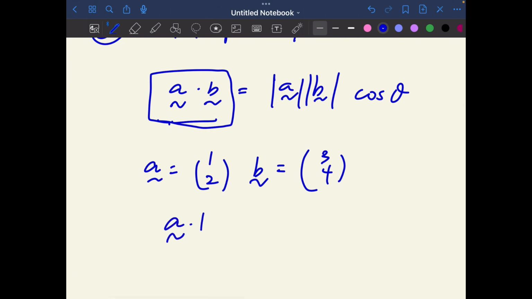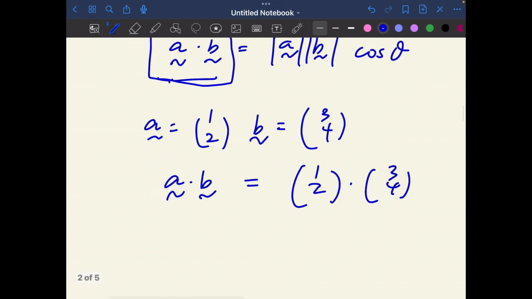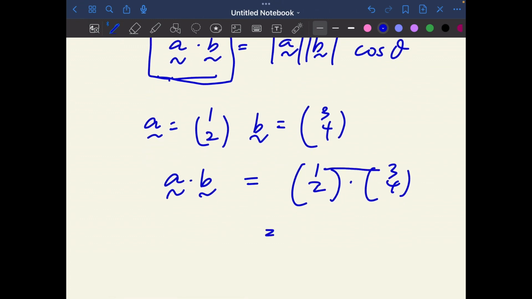Then the algebraic expansion would be 1 times 3 plus 2 times 4. So it will be 3 plus 8, which is 11.